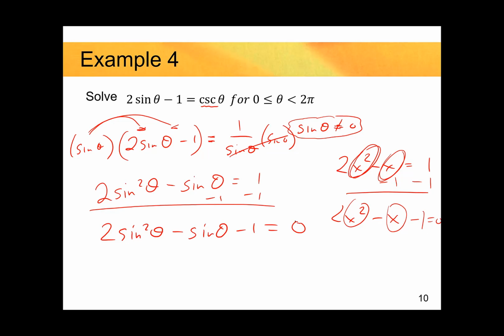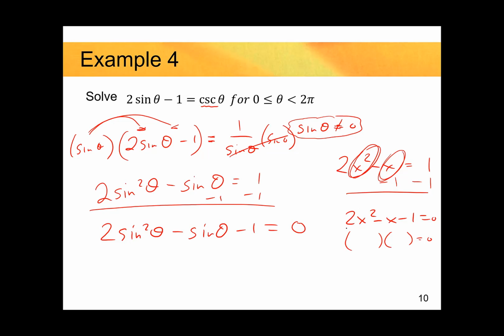Okay, now we get to do some fun stuff. And if this is too complicated to look at, go back to algebra. You can always replace the whole trig function with an x. If you have something that looks like this, I think that's even easier to factor. Haley, there you go. Can you give me at least one factor?